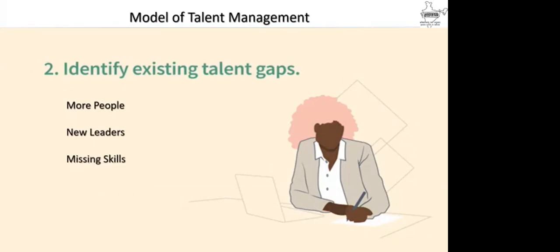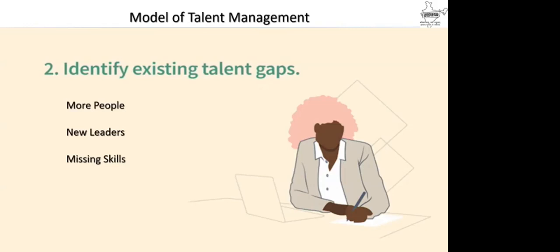any talent manager will have to ask, and any talent manager definitely does not operate as a lone ranger. He or she will need to work with HR and with the manpower planning department in terms of how to plan for this. The flavor that the talent manager brings in really is addressing the missing skills.